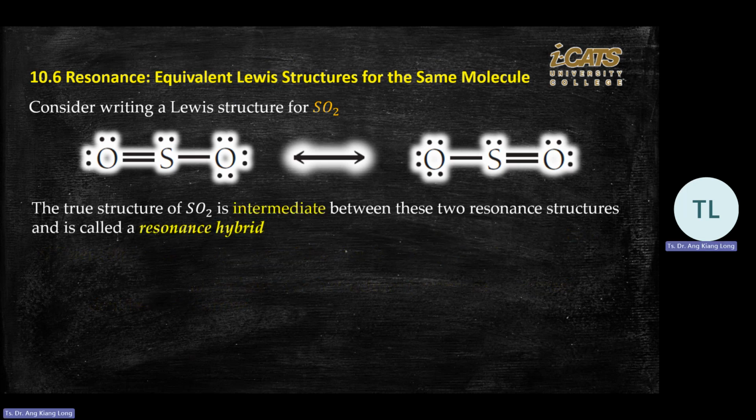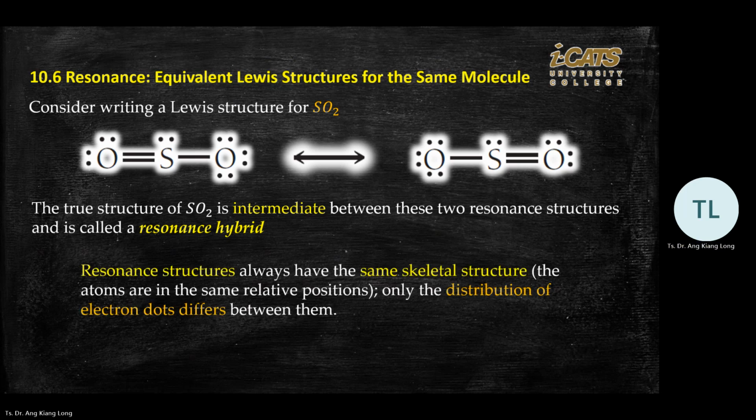So it means that in real life, when you check under an instrument, you can find the SO2 molecule either on the left or on the right. It can be switching between the first one and the second one. This is the characteristic of resonance structures.